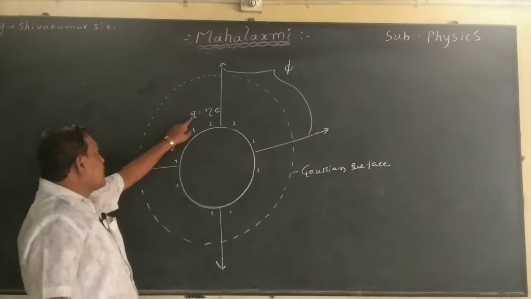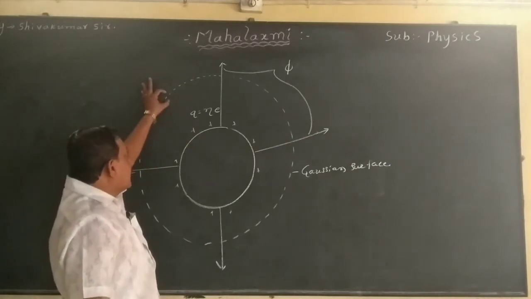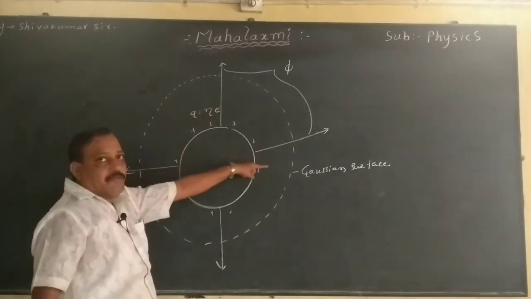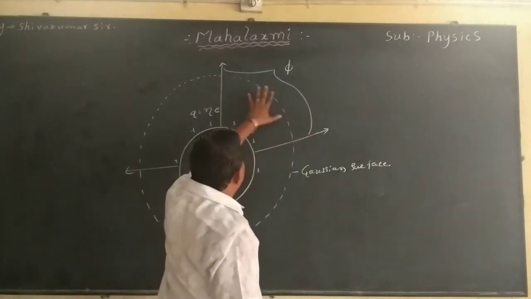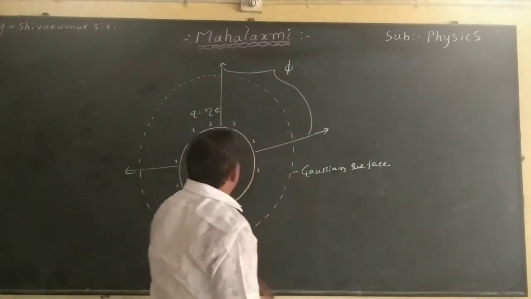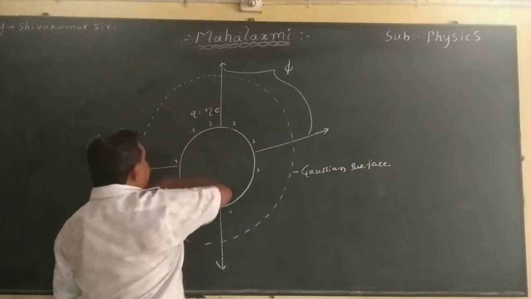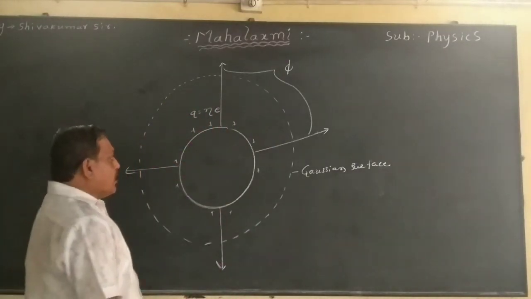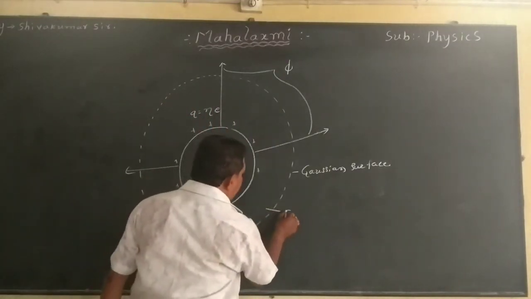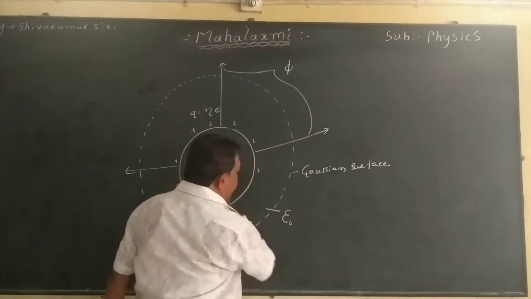Q is the amount of charge enclosed by the Gaussian surface, and the charge gives electric lines of forces. The number of electric lines of forces passing through the surface is called electric flux, and the medium where the charges exist, nothing should be there. There is a term epsilon naught, the permittivity of free space.